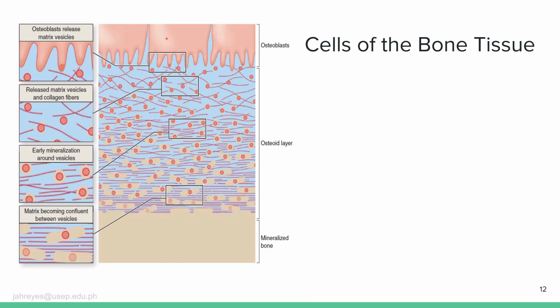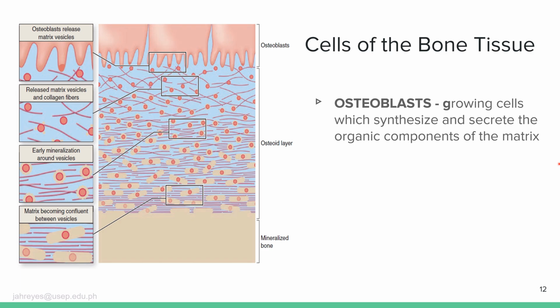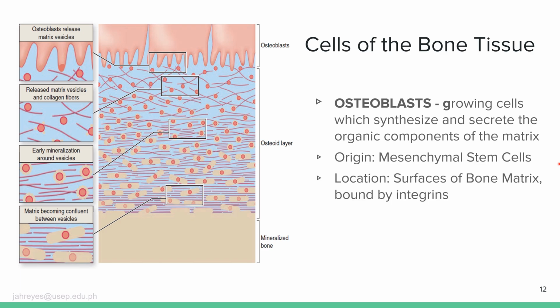The osteoblasts are usually on the surface, and the osteoid layer will be composed of different collagen fibers, and then eventually mineralized bone will be formed. So they are the bone forming cells. They synthesize and secrete the organic components of the matrix.